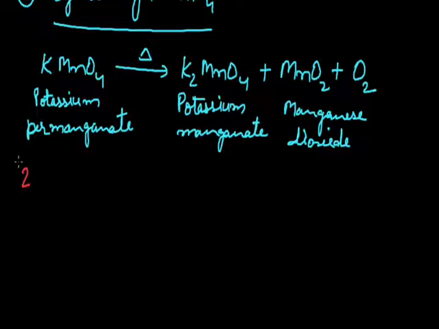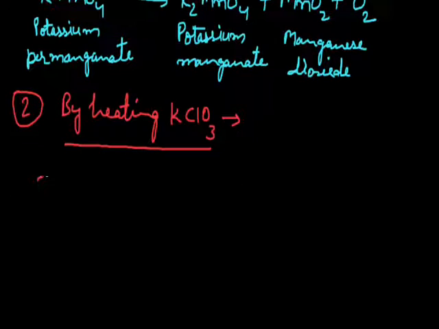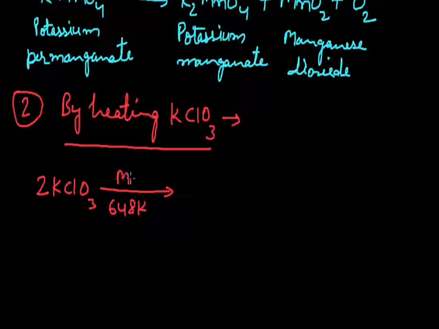Another method for its preparation is by heating potassium chlorate. Formula is KClO3. When KClO3 is heated at a temperature of 648 Kelvin in presence of catalyst MnO2, it decomposes to KCl, potassium chloride, and produces oxygen gas.